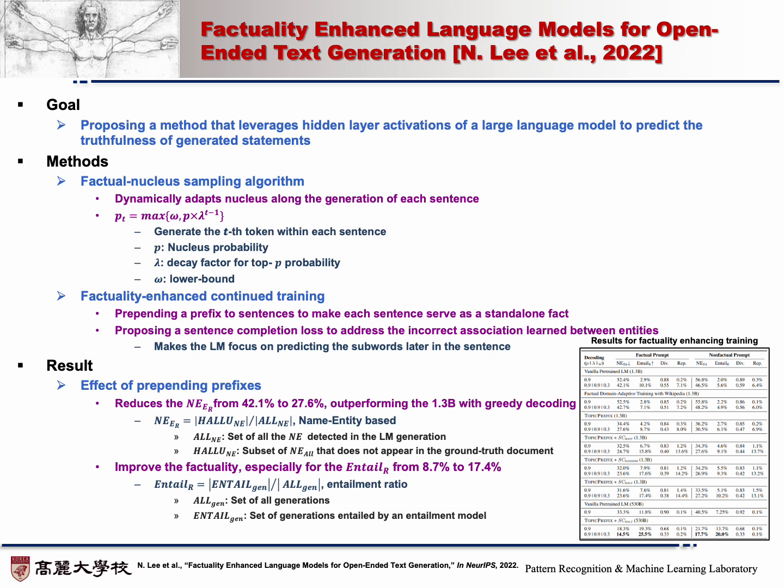On the chart, here we provide a comprehensive view of the results, and it clearly states the performance enhancements achieved through various approaches and compares them against baseline models. In conclusion, this study underscores the significance of factuality in open-ended text generation and provides viable methodologies to achieve it.